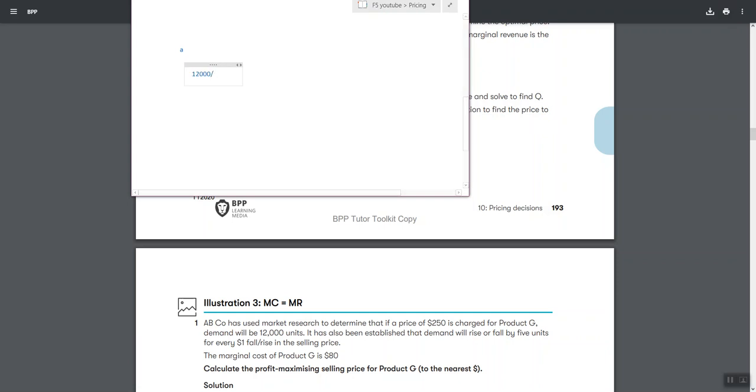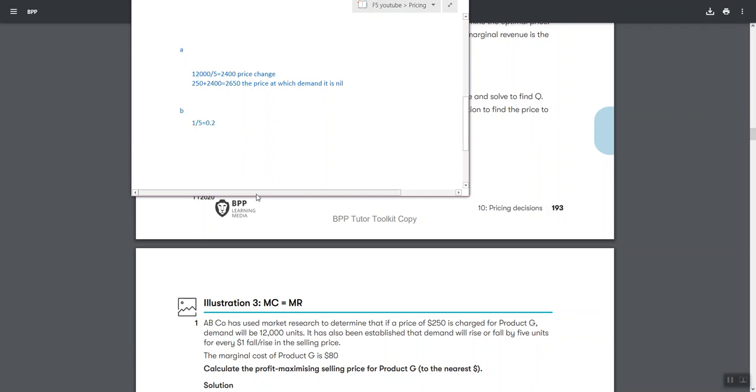So if we have 12,000 demand, and with every $1 change, quantity decreases by 5, that means we need 2,400 price change, which means our current price is 250. 2,400 change will make it 2,650, the price at which demand is nil. B is the change in price divided by change in demand. So the change in price is 1, change in demand is 5, which is 0.20.